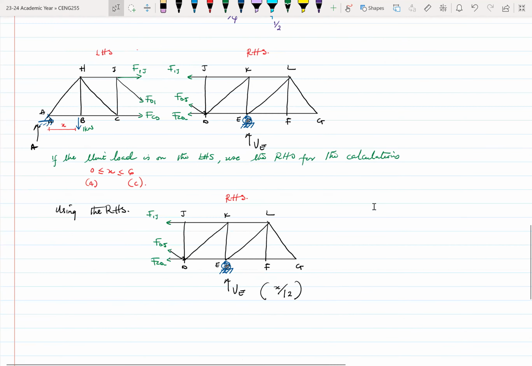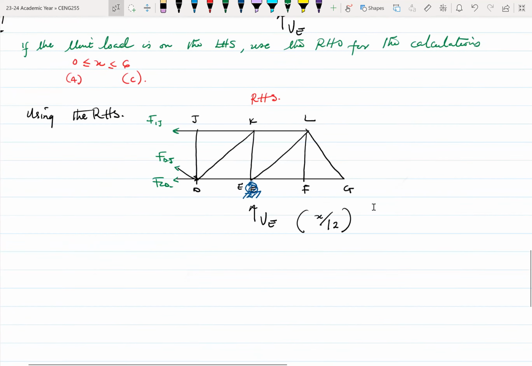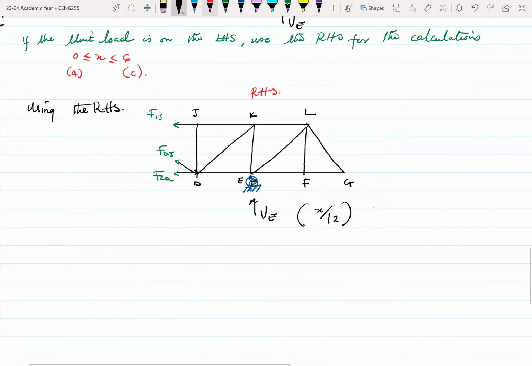So these are the angles for these points. So let's go down here. We know what our theta is. Now let's sum vertical forces. It's easier that way. The summation of vertical forces equals 0. So here is VE plus the vertical component of FDI, so plus FDI sine theta equals 0.